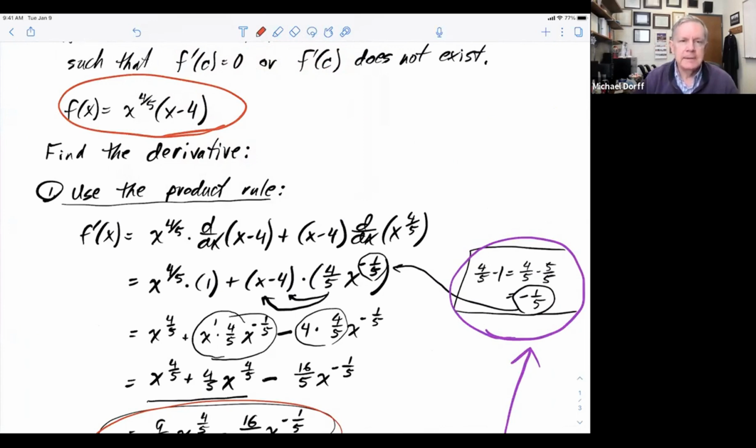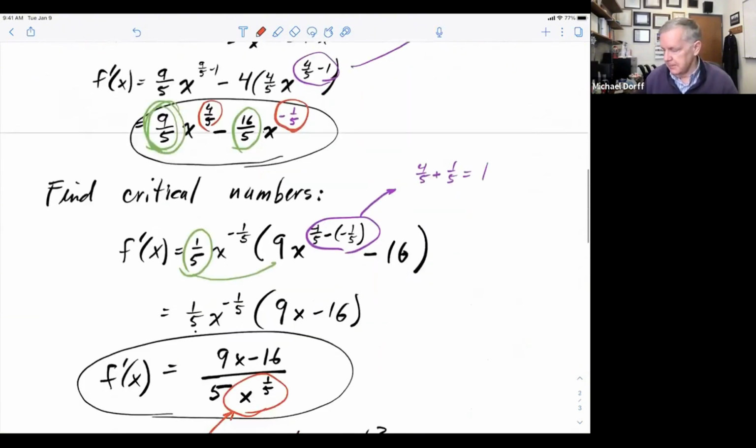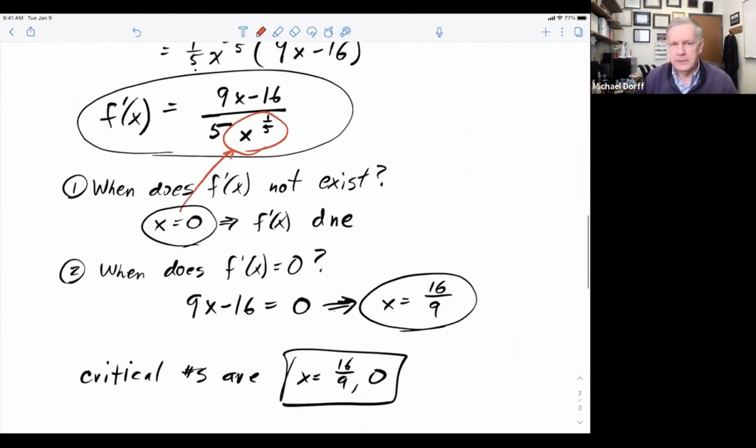And I have no x to the negative power that could give me an x in the denominator. So I'm okay. x can equal 0 in the original domain. But when I took the derivative, we saw that I do get an x in the denominator. And so the derivative does not exist at x equals 0. So it is a critical number.